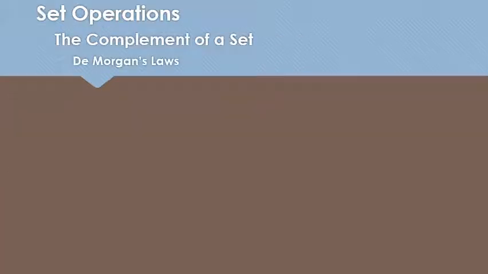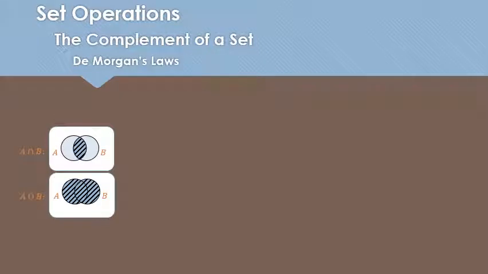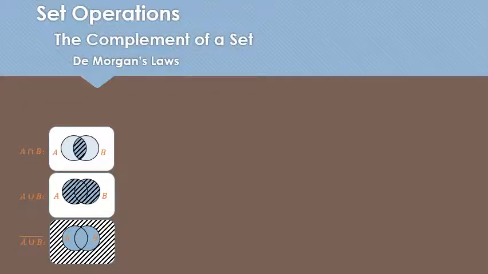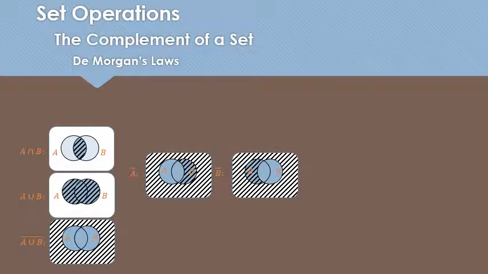So let's just go over what you did in that activity. Here's A intersect B, here's A union B, here's the complement of A union B, and we'd like to express that complement in terms of the complement of A and the complement of B. So notice that A complement looks like this, and B complement looks like this. We can draw those.